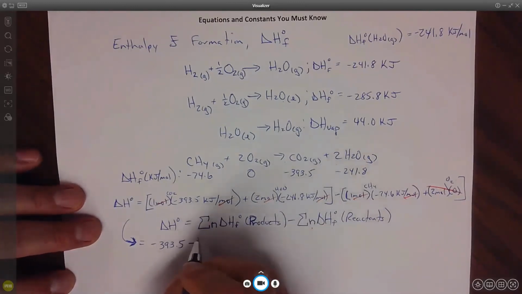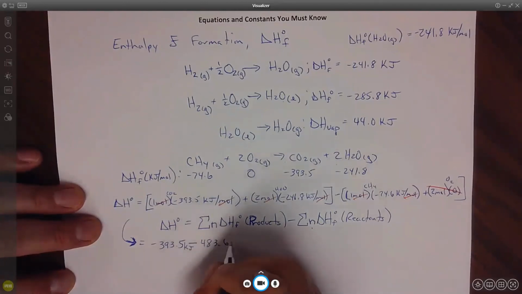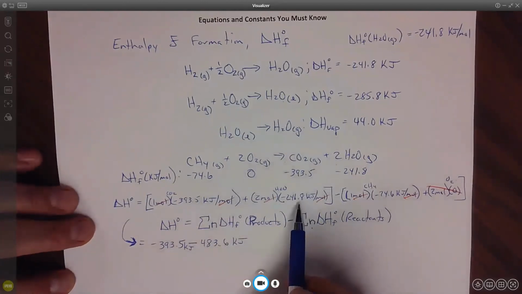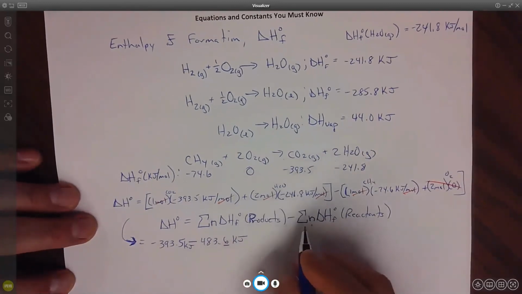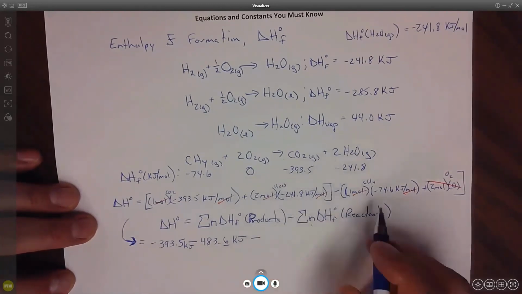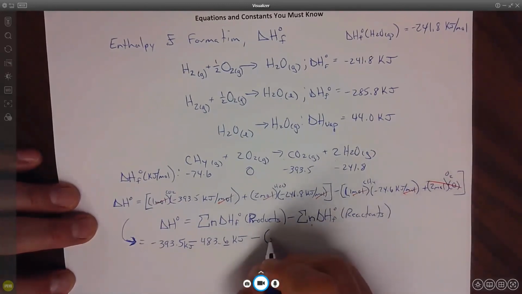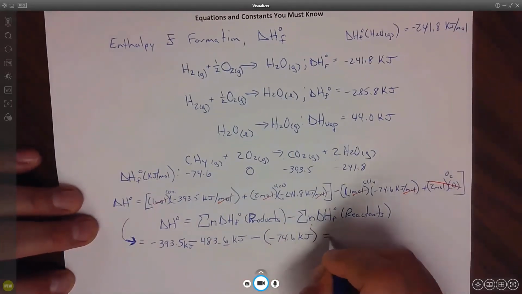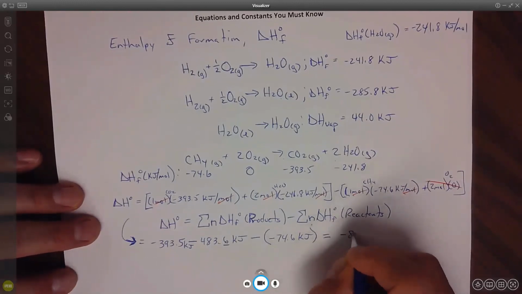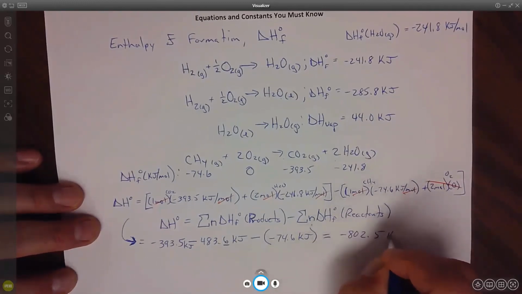So that's going to be 483.6. Whoops, these are kilojoules. Now this was 4 sig figs, so this has to be 4 sig figs, so that'll put it there. And then we're going to subtract from that this value here, which is negative 74.6 kilojoules. Plug that into your calculator, and that's going to be negative 802.5 kilojoules.